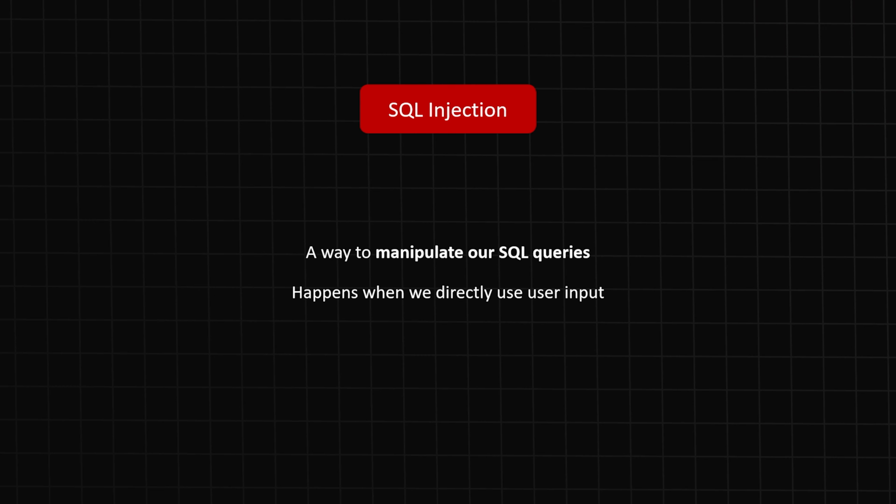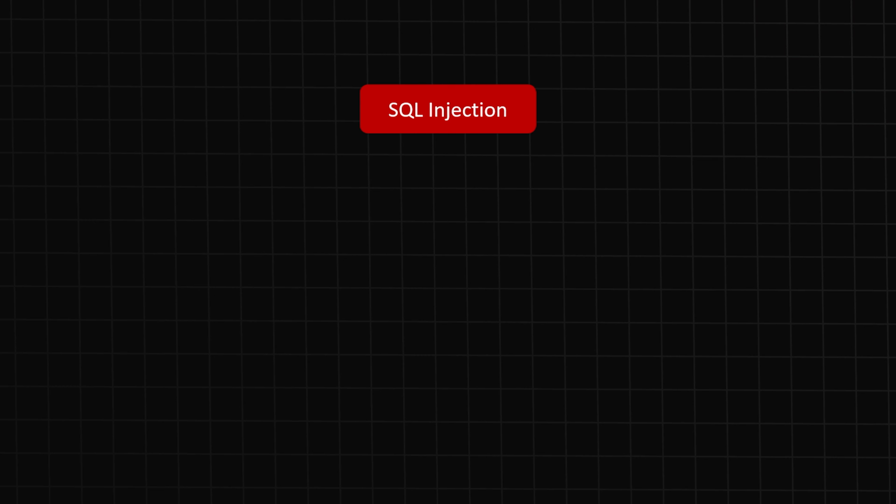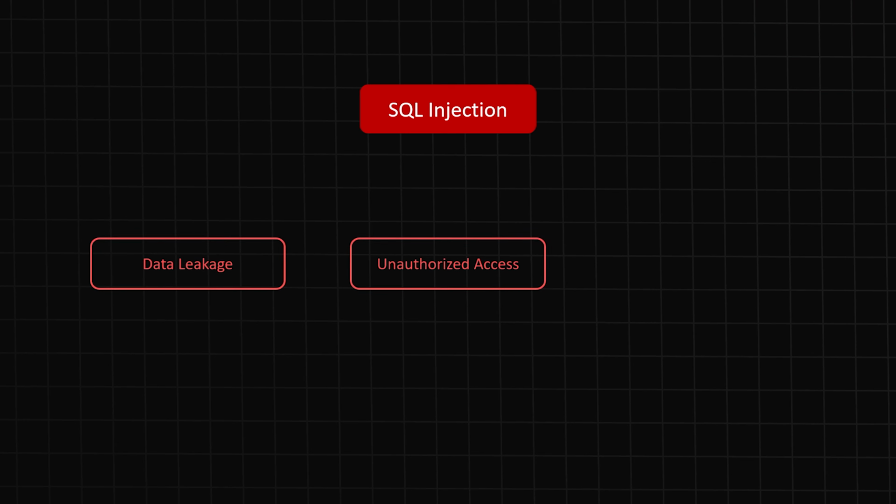And this is not just a small bug, but it can lead to a lot of major issues like data leaks, unauthorized access, and even the deletion of data in our table. That's why this is a very serious issue in real applications. So now we understand we cannot directly attach the user input to our query.